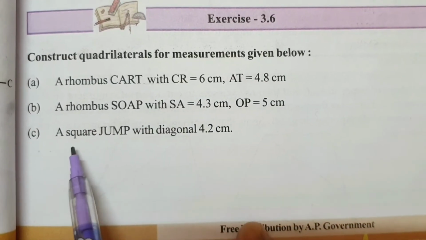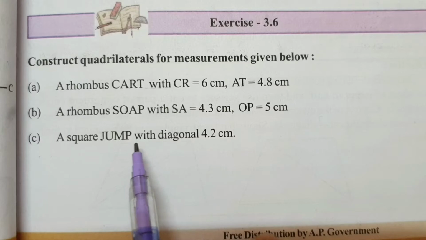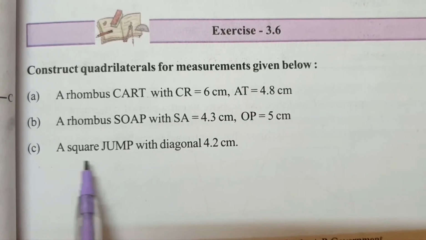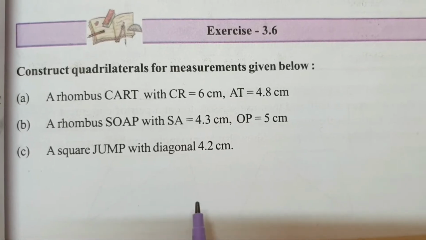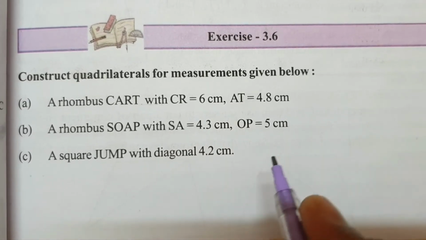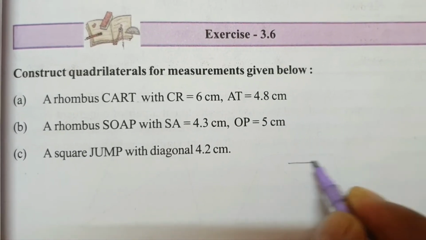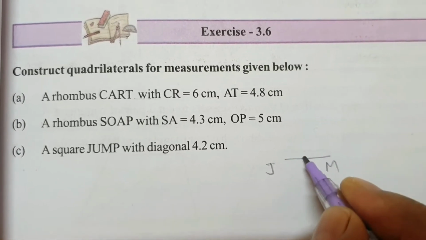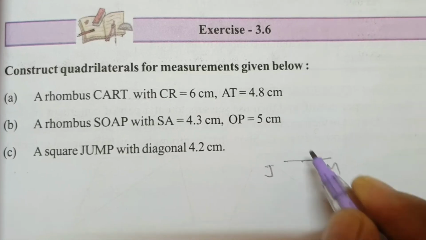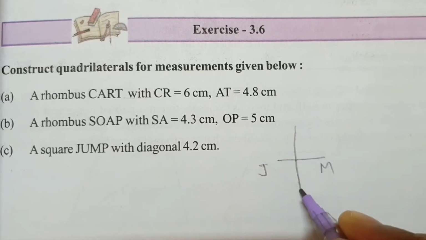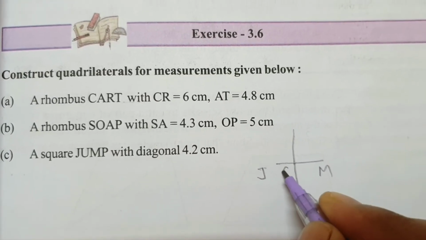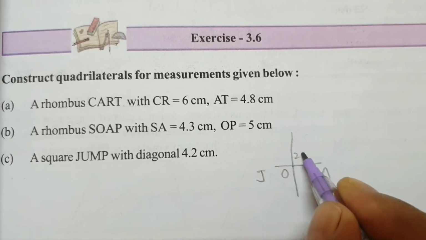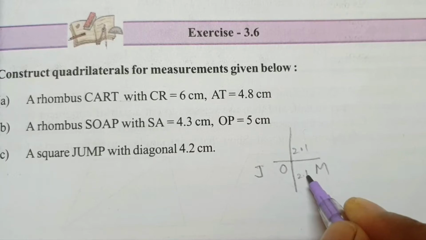Third question: a square JUMP with diagonal 4.2 centimeters. We know that in a square, diagonals are equal. See this rough diagram: J, M, and the bisector point, the perpendicular bisector, is O. Here 4.2 half is 2.1, and here also 2.1.